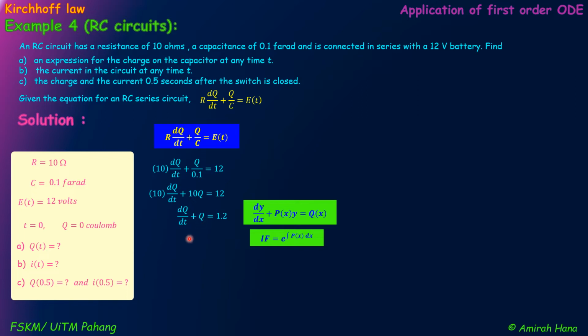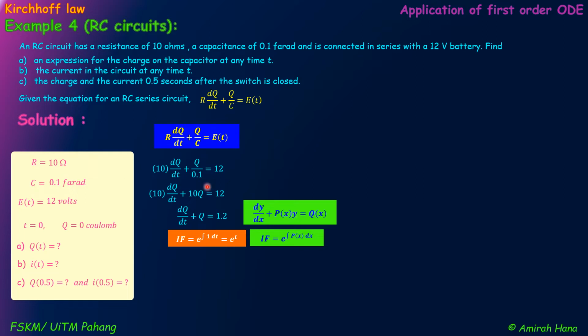So we can write the IF for this linear equation equals e to the power of the integral of 1 dt. The 1 here means the coefficient of q, because our P(x) is the coefficient of y.